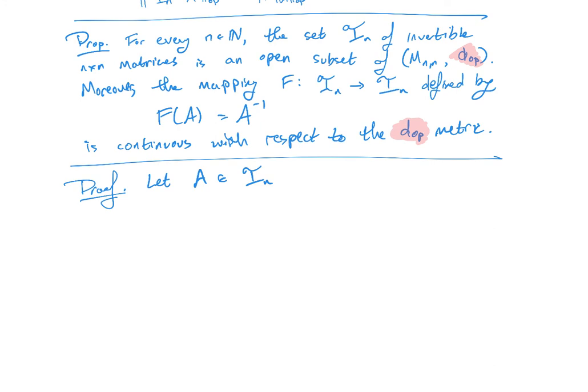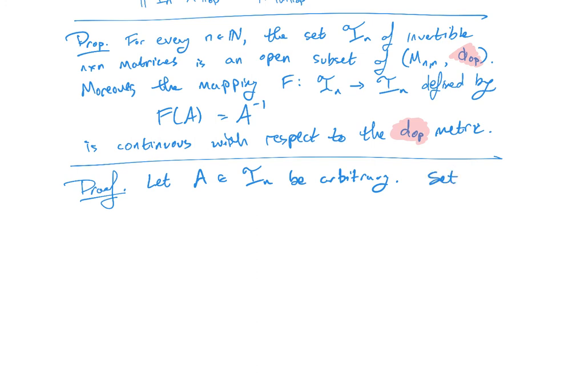Okay, so let's see how far we can get in this proof. I think I can show you the trick. So what do we do to show a set's open? We take an arbitrary point, and we find a neighborhood.